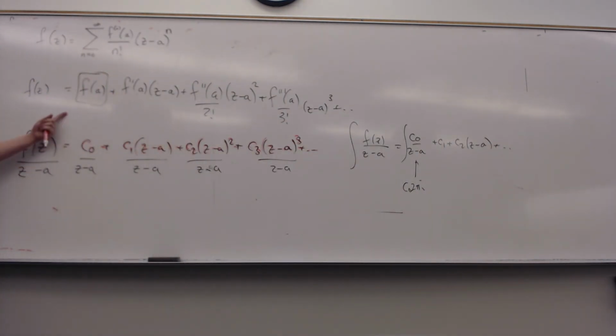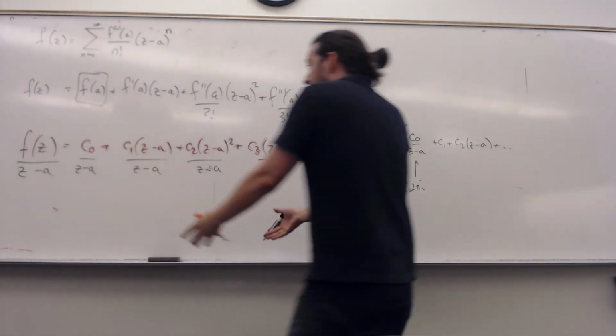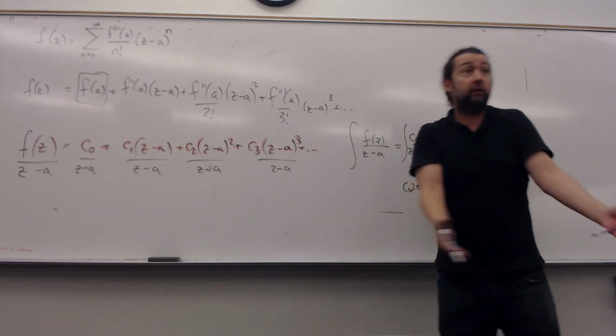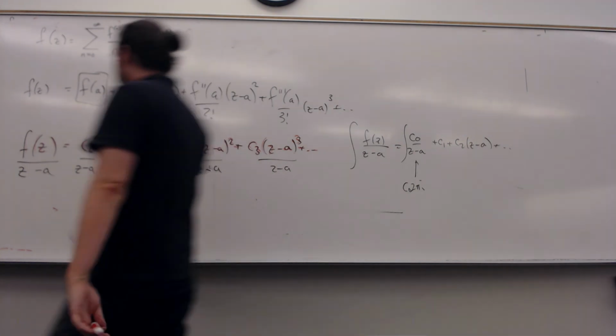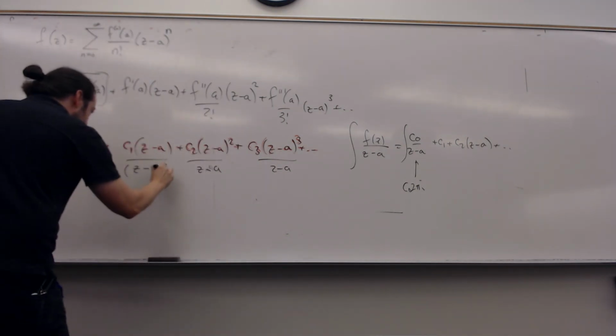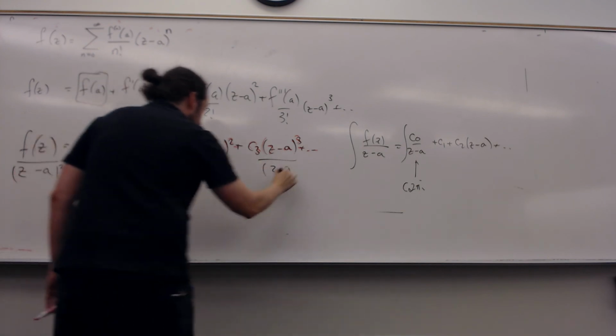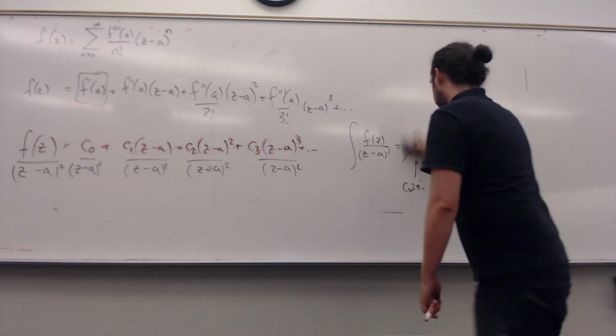If there was a Taylor series, knowing c0 would tell me what f of a was, supposing I was too lazy to plug in f of a. What can I do to this setup that would let me calculate c1? (z minus a) squared. Oh, okay, so if I put a (z minus a) squared right here, then I would end up with this expression.